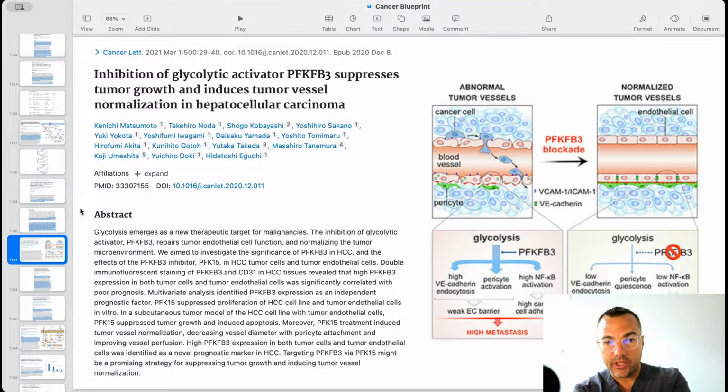The inhibition of glycolytic activator PFKFB3 repairs tumor endothelial cell function and normalizes the tumor microenvironment. We aimed to investigate the significance of PFKFB3 in these hepatocellular carcinoma or liver cancer cells, and the effect of the PFKFB3 inhibitor PFK15 in hepatocellular carcinoma tumor cells and endothelial cells.